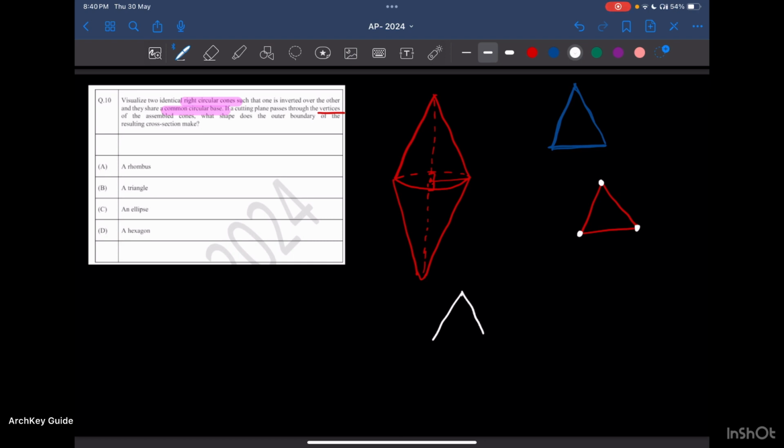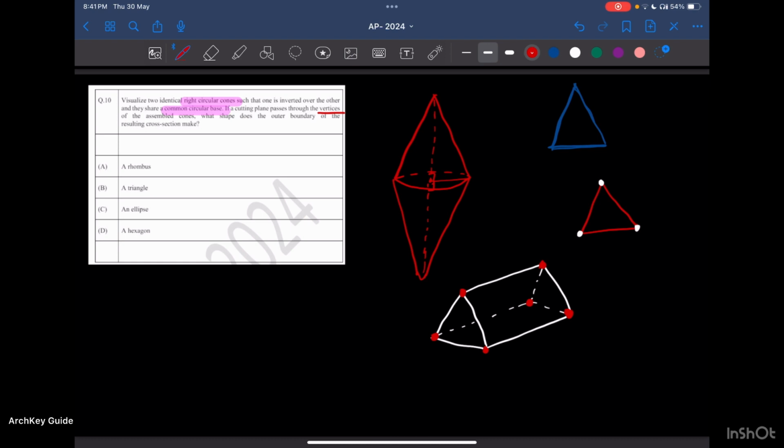Answer. So 1, 2, 3, 4, 5, 6. The corner points.